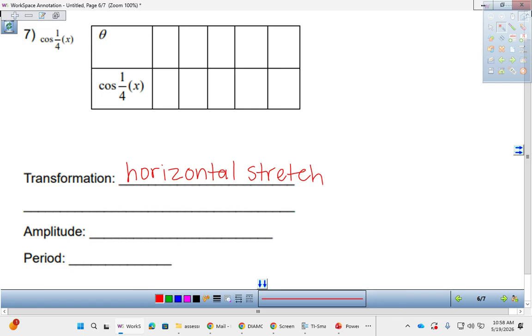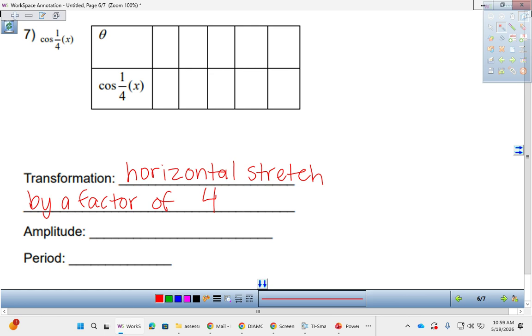And we would say your factor is the reciprocal. So it would be 4 over 1, so a factor of 4. If you want it to stretch, you need the multiplication number to be bigger than 1. So I need to take the reciprocal of that.